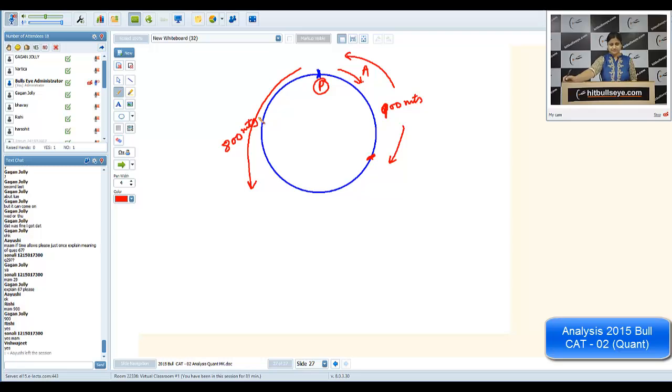It means in total they have covered exactly 2 rounds. Since they are going with constant speeds, we can assume that A will meet after every 900 meters.